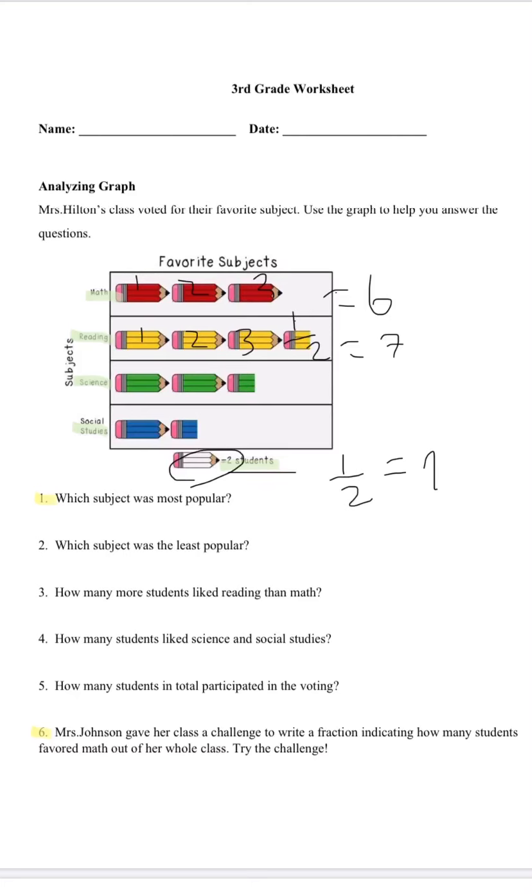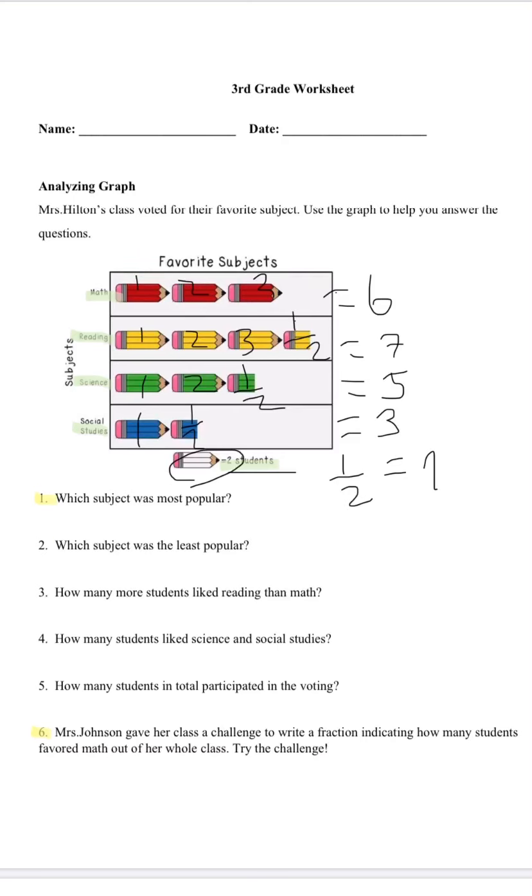And then for science, there's 1, 2 and a half. So then again, 2 times 2 is 4 plus 1, which is 5 students picked science. And then social studies, there's 1 and a half. So then 1 times 2 is 2 plus 1 equals 3.